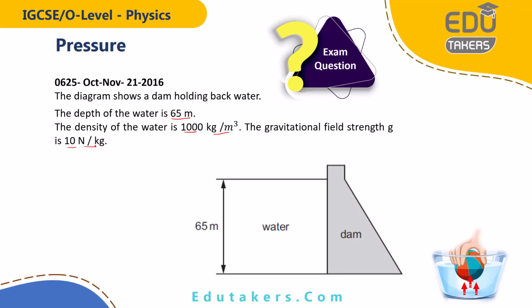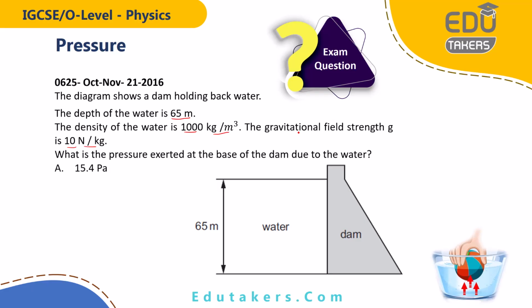You can see here a figure of a dam holding back water and the depth is 65 meters. What is the pressure exerted at the base of the dam due to the water? So basically here you have to calculate the pressure. Let's see the answers. A, 15.4 Pascal; B, 154 Pascal; C, 65,000 Pascal; D, 650,000 Pascal.